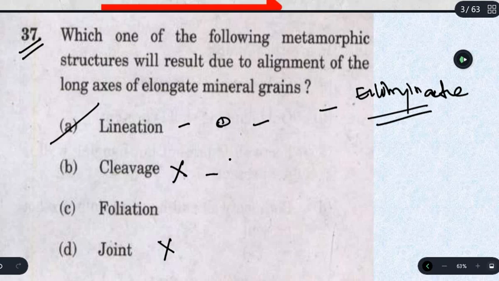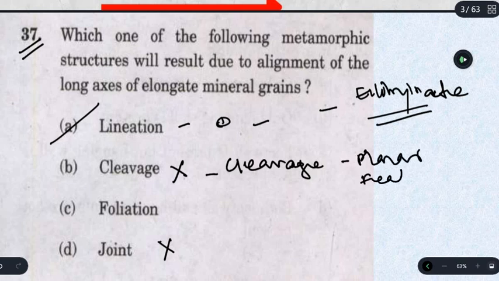What do you mean by cleavage? Not clay. It is also a planar feature, right? हाँ बताओ बताओ, कोई बता रहा था, बताओ. Planar. हाँ बताओ शुभम, are you saying this? Plane of weakness, right? So always remember, exactly, this is also a planar feature.